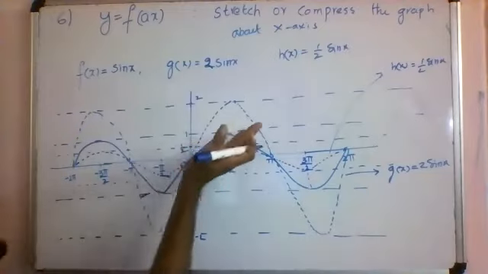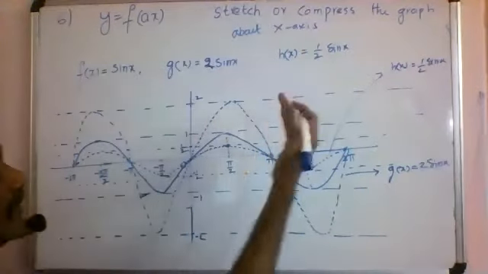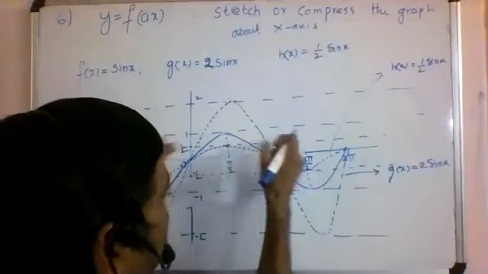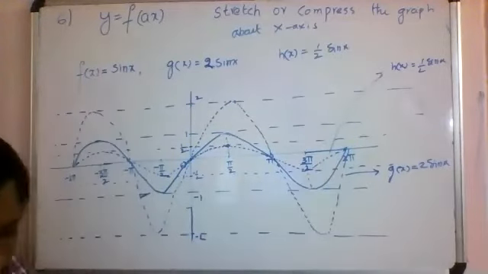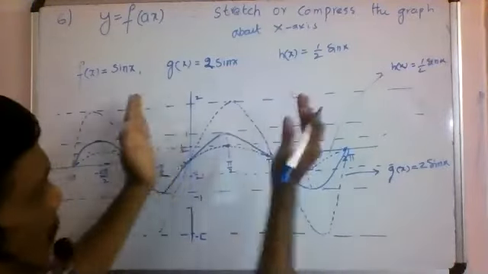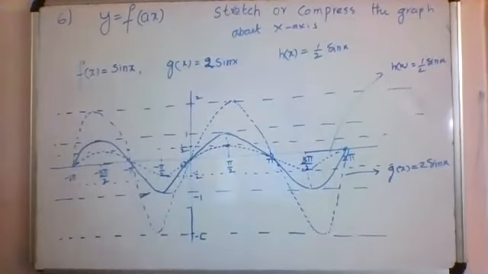So instead of stretching towards the y-axis, the stretch will be like this. Stretch means you have to expand like this, and compression means come closer. About the x-axis means like that we have to do.